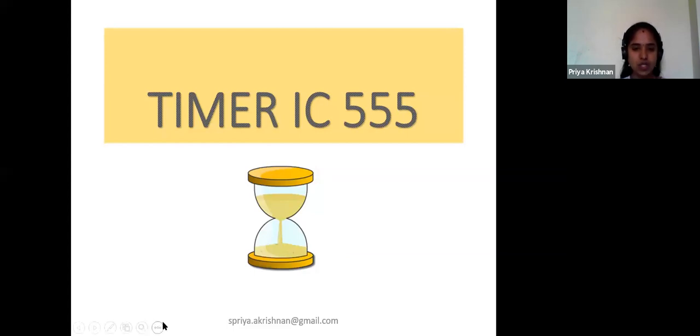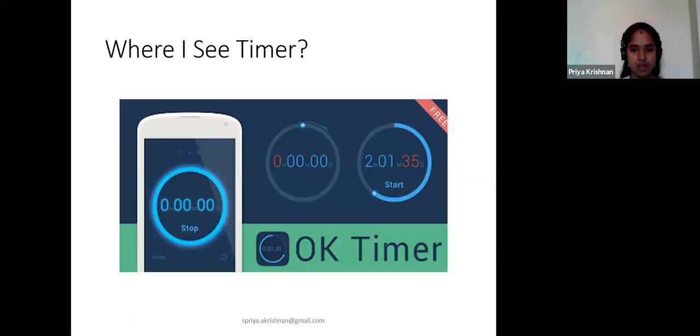We will also see a few more places where we can identify a timer in real life. Daily we set an alarm in our clock, and that is also a timer. But actually, all these are software timers, not hardware timers. What we are going to discuss is the hardware timer.